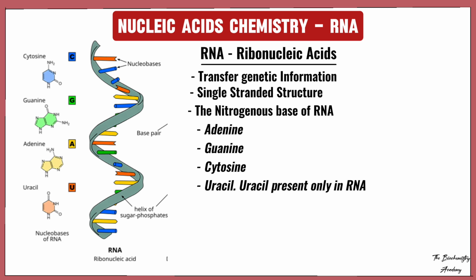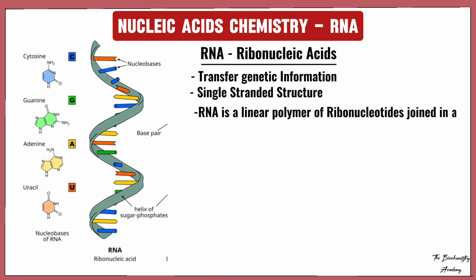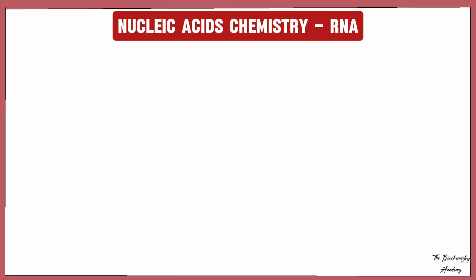Now we'll talk about it more in our first video on nucleic acid chemistry, so you can go back to understand the difference between RNA and DNA. Well, let us continue. RNA is a linear polymer of ribonucleotides that are joined in a 3' to 5' phosphodiester bond. Now let us talk about the types of RNA.